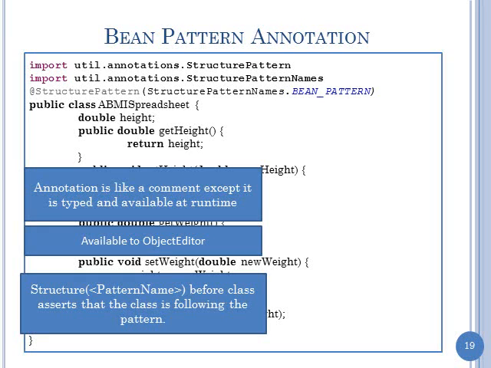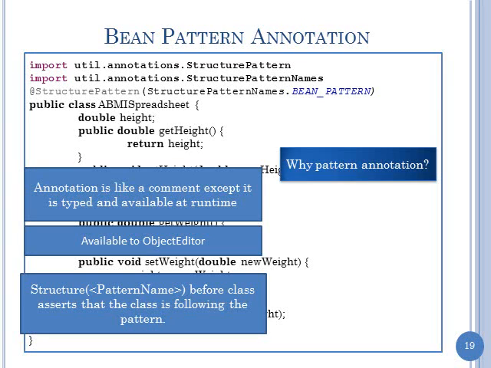So basically this particular pattern here says, look, the class is following this particular pattern. So there are many patterns there. Actually, again, there's a typo here. I should say structure pattern, pattern name. Okay? And why pattern annotations? They're good documentation. They can help you catch errors. Can you guys see from an efficiency point of view why this may be useful?